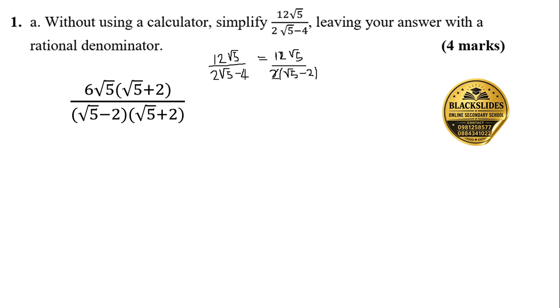So 2 into itself is 1, 2 into 12 is 6. So a workable expression is going to be 6 root 5 divided by root 5 minus 2.